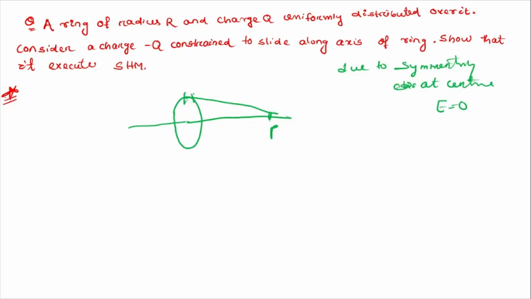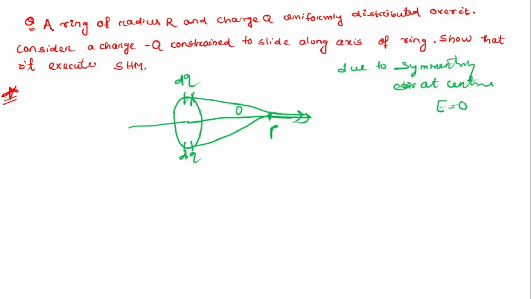Let's say this is the line element having charge dq, and if I take the corresponding line element from the opposite side having the same charge dq, then from the symmetry the vertical components will cancel each other and I am left with the horizontal component. So the effective field is due to this horizontal component.